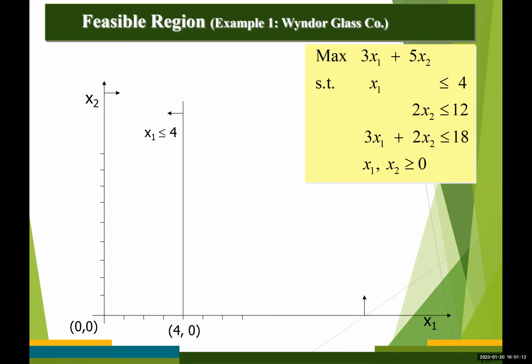Next, the restriction x1 is less than or equal to 4 means that x1, x2 cannot lie to the right of this line, x1 equals 4, right? So far, our feasible region would be this area.